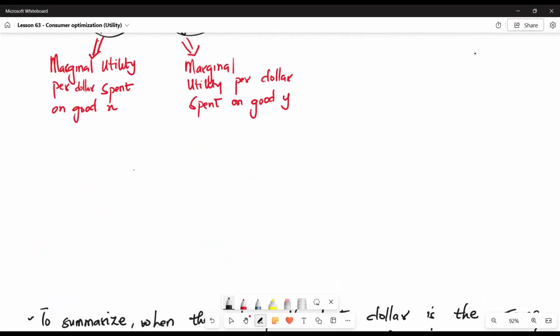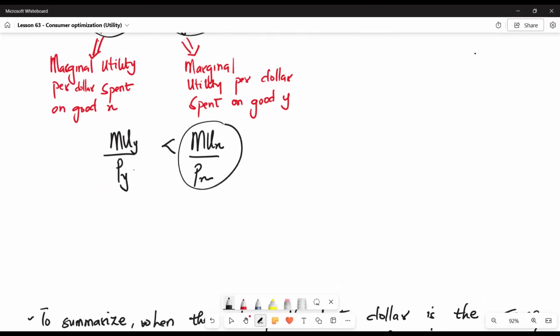To understand this better, suppose that a consumer chooses a bundle where the condition above does not hold, and we have marginal utility of Y divided by PY being less than marginal utility of X divided by PX. This means that the consumer can increase total utility by simply spending one more pound on good X and one less pound on good Y. This is because each pound spent on good X gives the consumer more utility than each pound spent on good Y. So reallocating spending towards X away from Y will increase overall utility even though total expenditure hasn't changed.